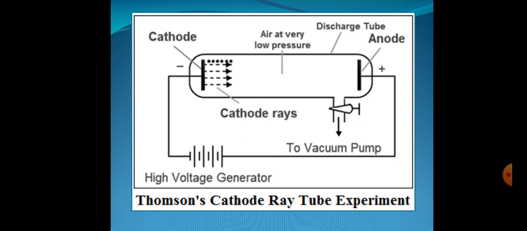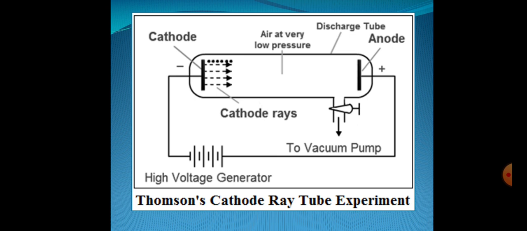Now, when the charge was passed, it was seen that the back of the anode started glowing with a greenish color because of the presence of air at a very low pressure inside the cathode ray tube. So the appearance of this green color was proof that inside the tube something was happening.